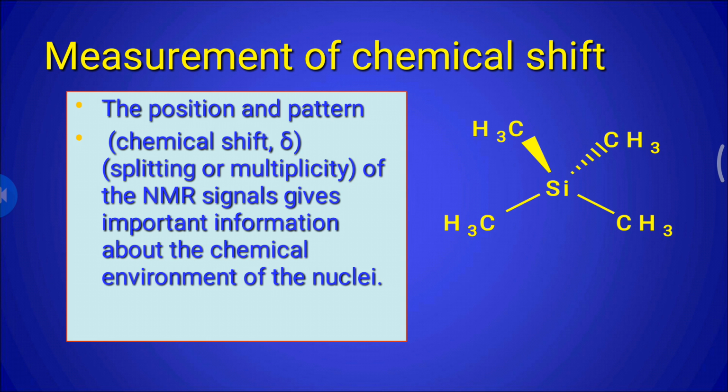The position and pattern of the NMR signal gives important information about the chemical environment of the nuclei. Here, for example, tetramethylsilane. This is the structure of tetramethylsilane, highly shielded, and it is used as an internal standard for measurement of chemical shift.